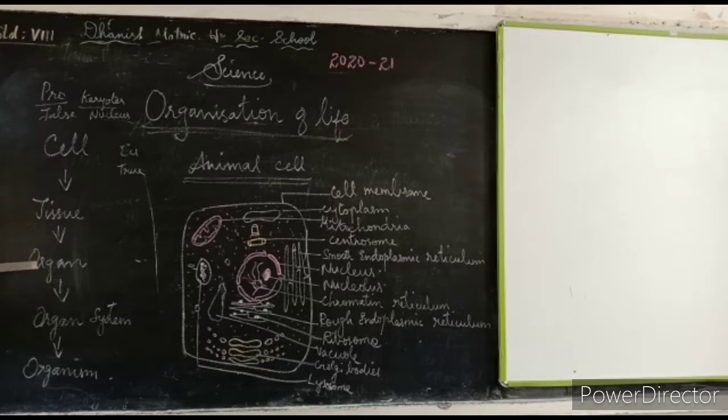Two or more organs together can produce one organ system. All the organ systems together produce one organism. This is the hierarchy level of organization. Understood, children? Do you know what is cell?